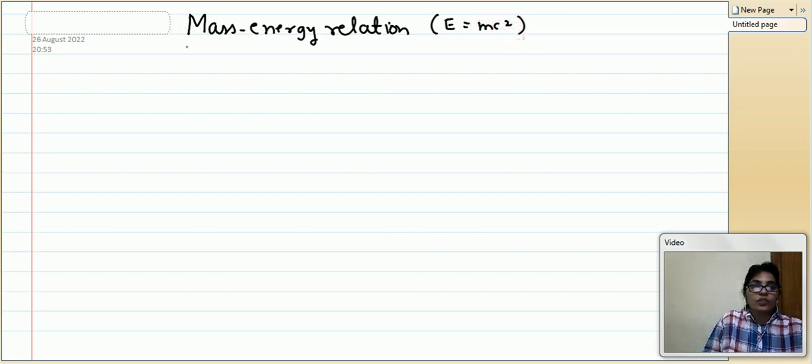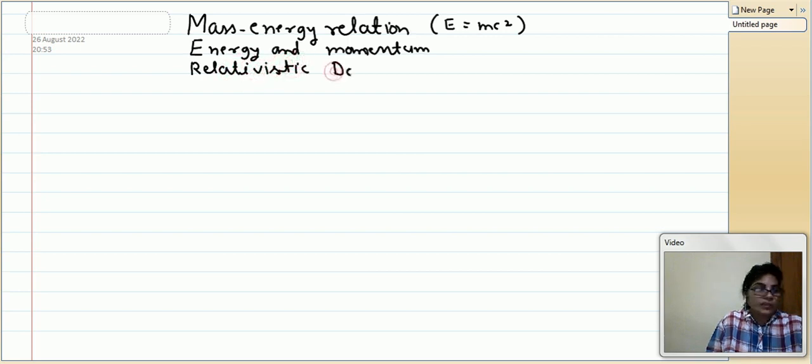So this will be the first topic, and then the second topic will be relativistic momentum and energy and momentum. And then relativistic Doppler effect. So these are three topics which we will try to cover.